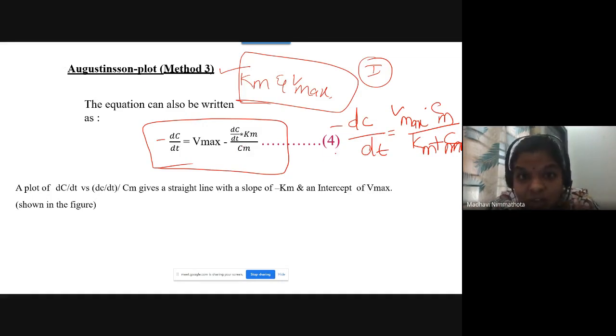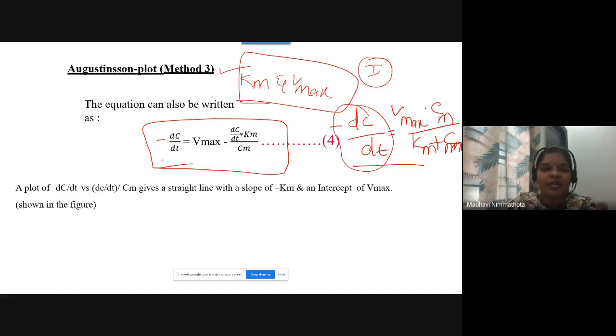See here, what is the variation between these two equations? dc by dt is as it is. Vmax you can write like this, and then minus dc by dt into Km by Cm. So first you write this, then you write this. After writing the first equation, you can write one sentence like: rearrangement of the basic classic Michaelis-Menten equation gives this equation.